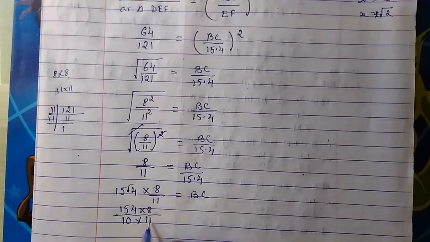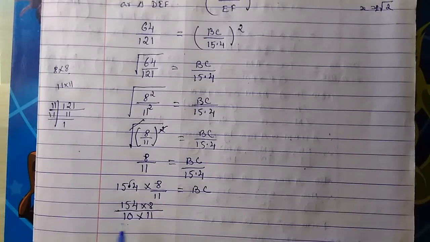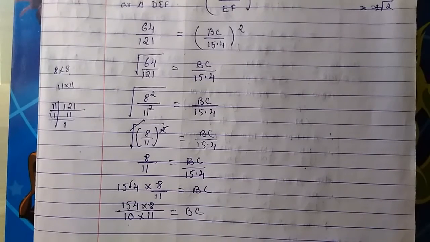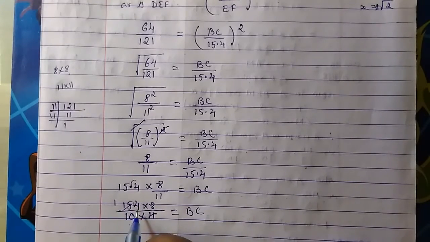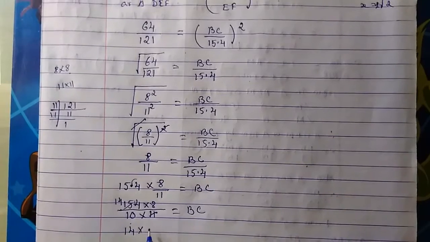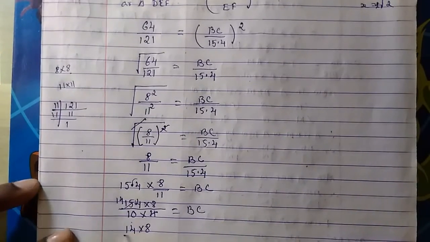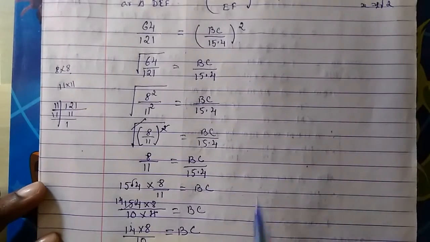When we remove the decimal after one digit, we divide by 10, then the decimal goes. Now in 15, one time we have 11, then 4 carried forward, now 44, then 4 times 11 is 44. So we have 14 into 8 upon 10 equal to BC.